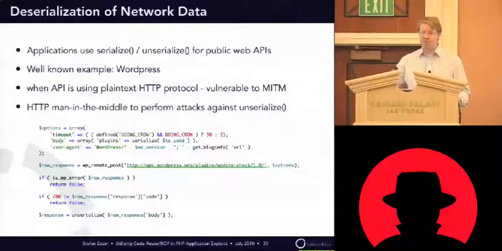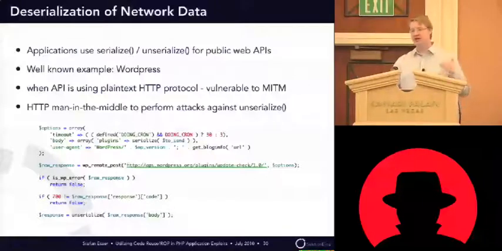The most popular application like this is WordPress. So when you have a WordPress blog, it will talk from time to time with api.wordpress.org in PHP serialized form. And the problem here is it's talking HTTP, so any kind of HTTP man-in-the-middle attack can inject malicious serialized data into the unserialize on your blog.